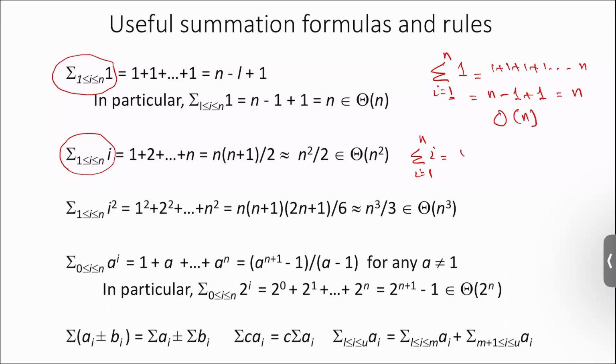This involves n times n plus 1 divided by 2. This is how we solve it. This is going to be n square plus n divided by 2. When I write it in terms of big O, I will only consider the highest order term and say this is O of n square. You can now solve the rest of them, and you can refer to the book for how these summations are solved.